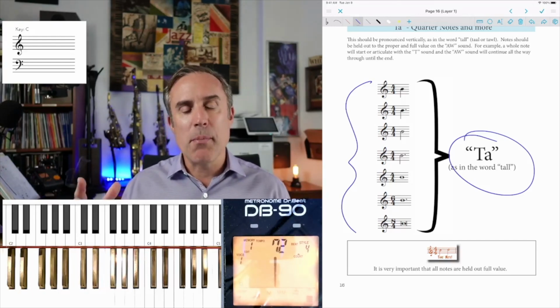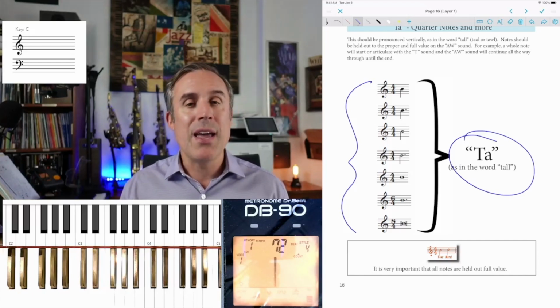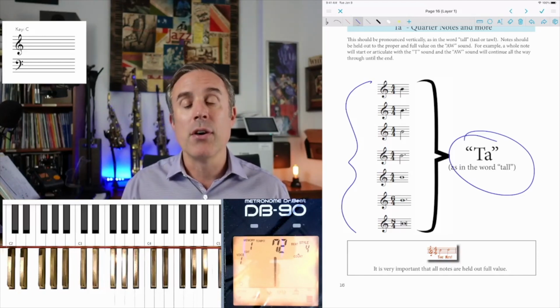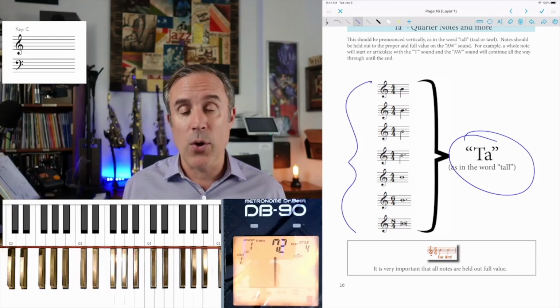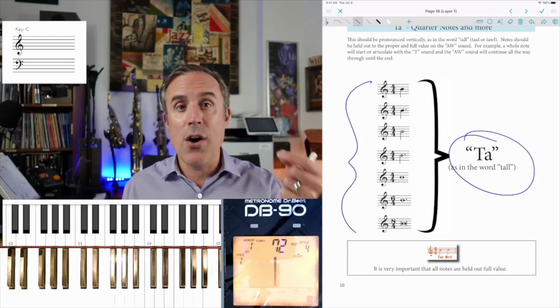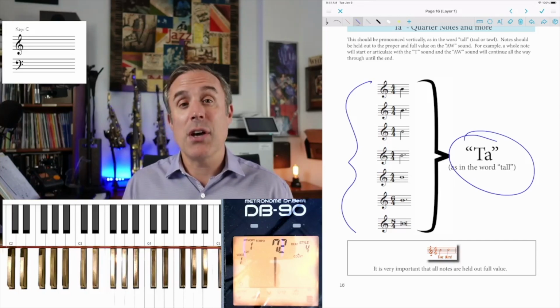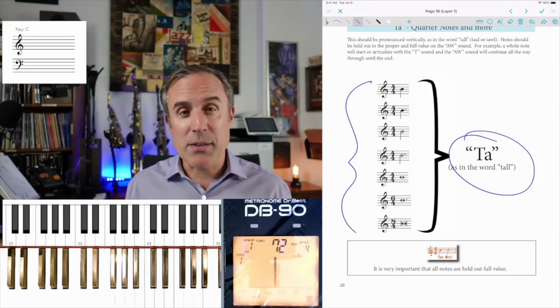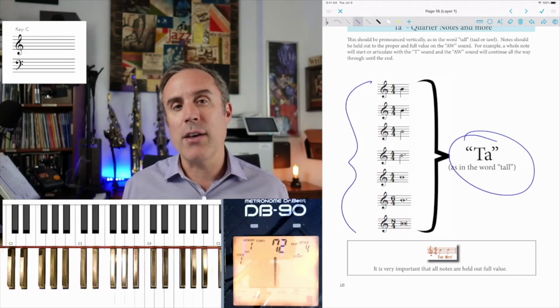We want to make this minimalistic for students so that they can wrap their heads around a rhythmic vocalization method quickly. So by just holding the ta out for the full value of the whole note, ta, it makes a lot more sense for students right away. And this gives us, the educators, the responsibility to teach them about lengths of notes and note values in specific time signatures.